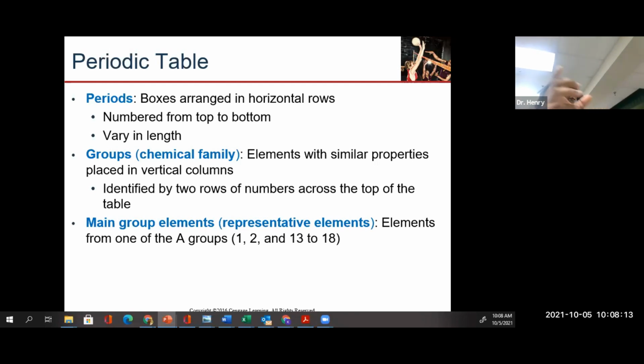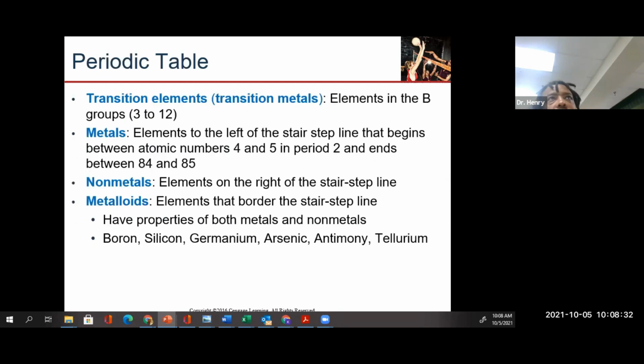We've already talked about the main group, group A. As I said, the main group isn't used on a lot of periodic tables anymore. We mainly use the IUPAC group numbers, and it makes it a little bit easier. But you'll still see it in some of the questions because some of the questions are kind of old, so be familiar with it and what it means.